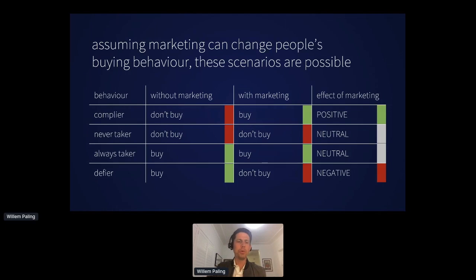We've got people who we'll call always takers. So without marketing, they'll buy. We put marketing in front of them, they still buy. The effect of marketing is neutral. We've wasted our money. And then we've got a rarer case, but it's entirely possible, what we call a defier, which is someone who without marketing would buy, with marketing doesn't buy, and so the effect of marketing is negative, and we've actually spent money to achieve a negative outcome.